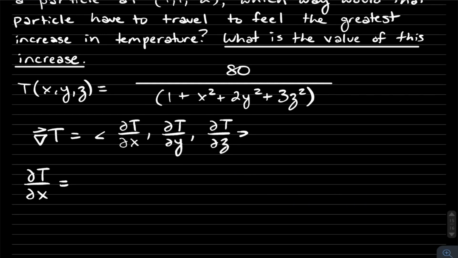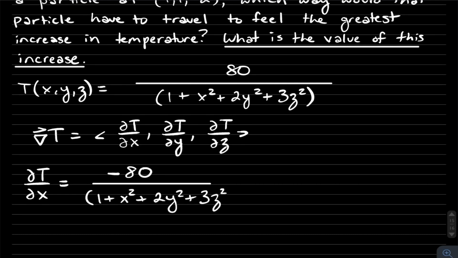Okay? So again, it's just going to be a negative 80, okay, over a 1 plus x squared plus a 2y squared plus a 3z squared.